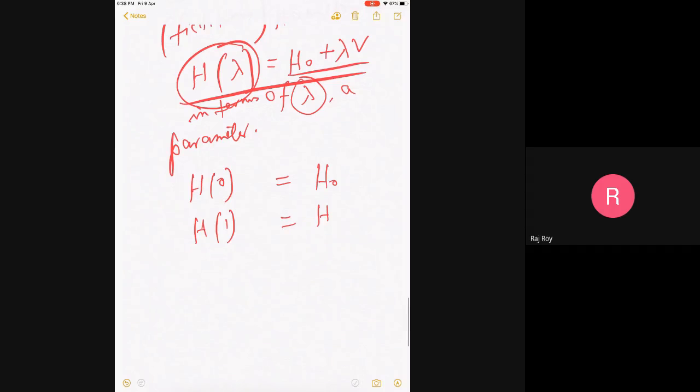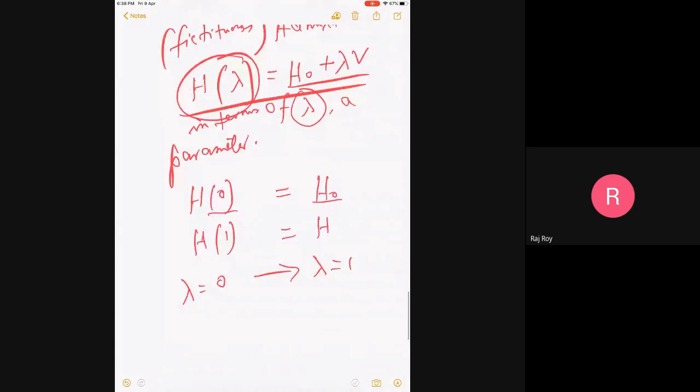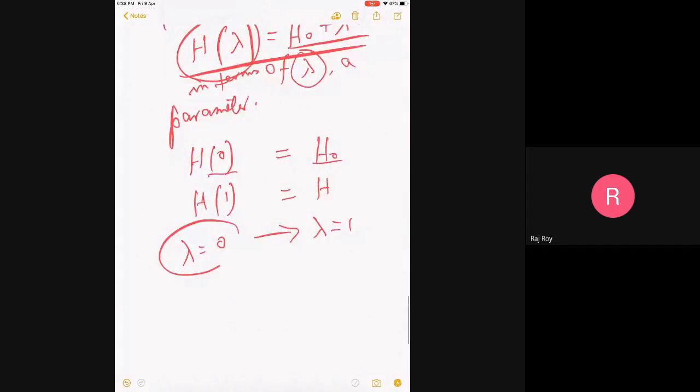So it is like some kind of an oscilloscope where initially lambda was equal to 0, and I switch on the oscilloscope from lambda equal to 0 to lambda equal to 1, and then look at what is happening. So you can look at the entire perturbation theory with this Hamiltonian and just say that I am looking at the solution of H of lambda at lambda equal to 0, which is the origin where the solutions are already known, and then what happens if I increase lambda to lambda equal to 1.